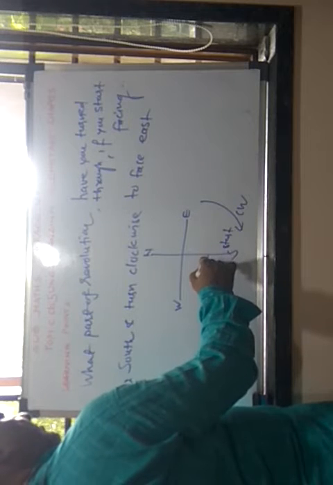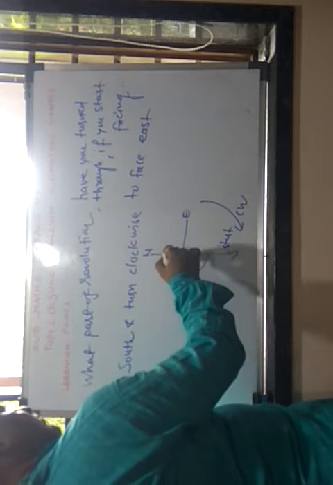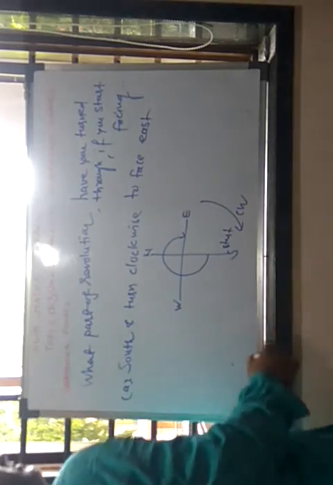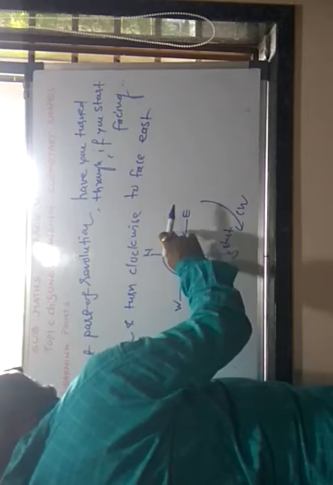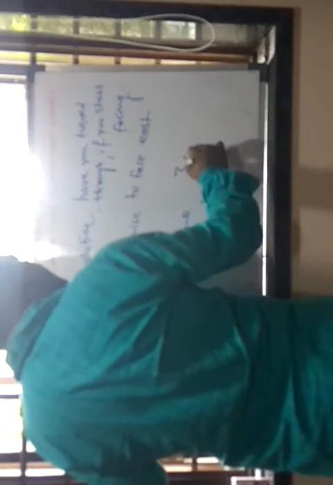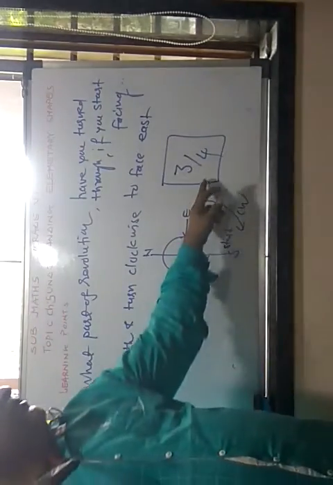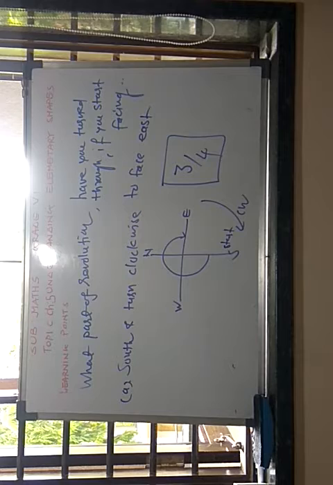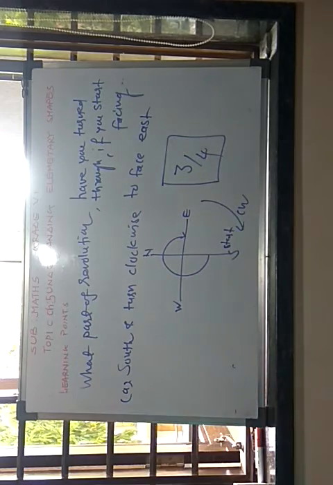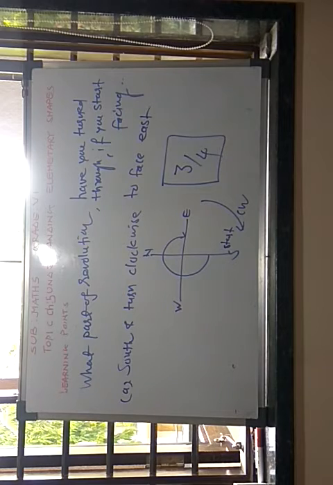From here to here, face east. So here to here half, and again this 1/4, means our answer is which part of the revolution? 3/4. West and east. West to east.